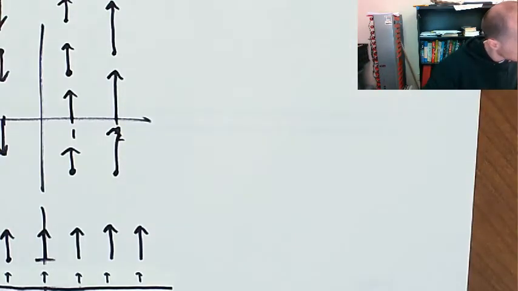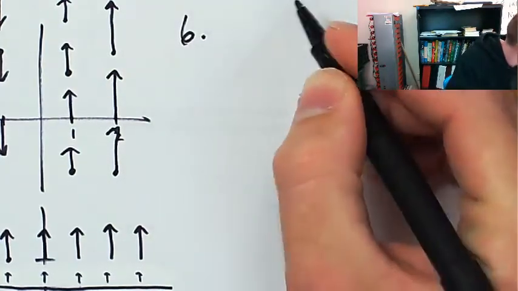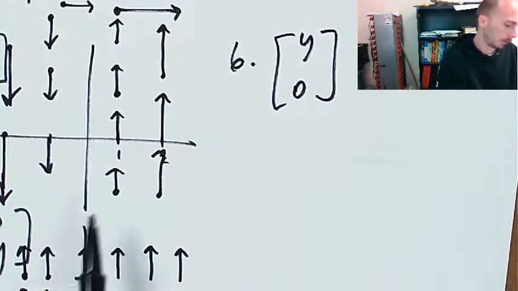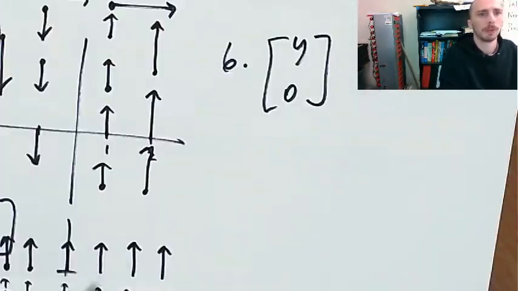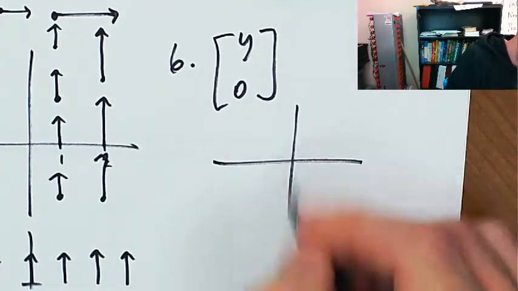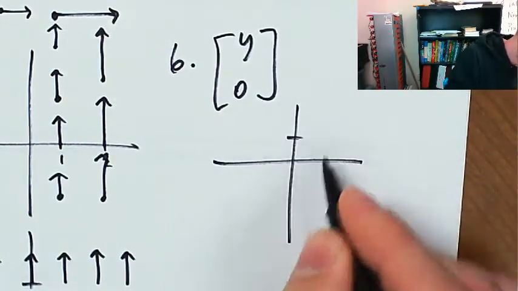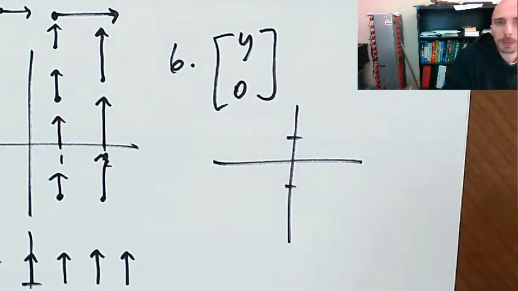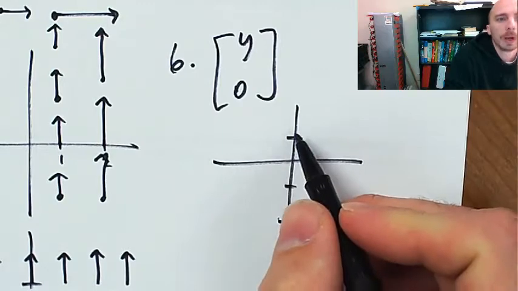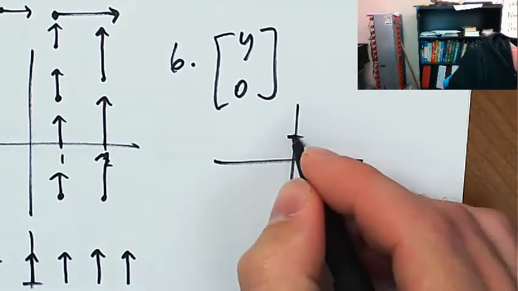The last sketch is y and 0. It should look like the earlier one, but maybe sideways. It only depends on y, so let me mark off y being 1, -1, and maybe -2. When y is 1, the vector will be 1, 0.